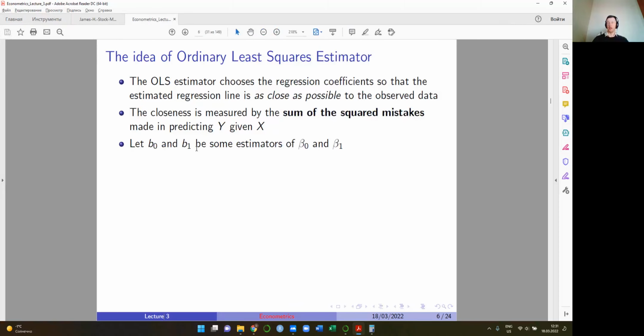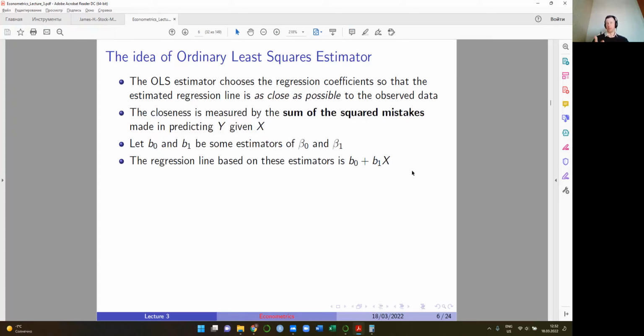So mathematically, how can we do this? If we have some estimators of beta 0 and beta 1, just any estimator, so just some guess about the value of beta 0 and beta 1, we represent this guess as b0 and b1 with Latin letters. So those are just some numbers, b0, b1, our guess about the unknown population parameters. The regression line, which is going to be based on these estimators, is here, b0 plus b1x.